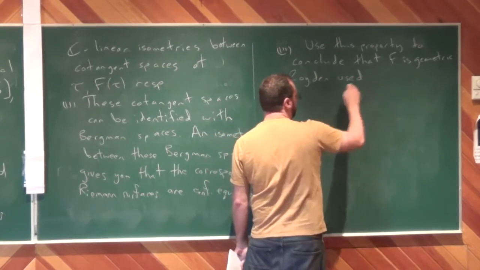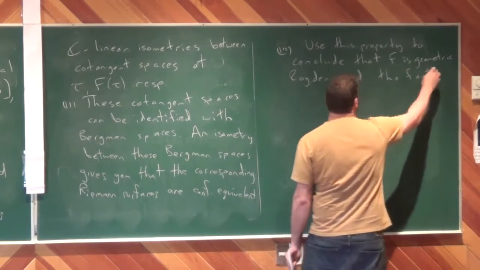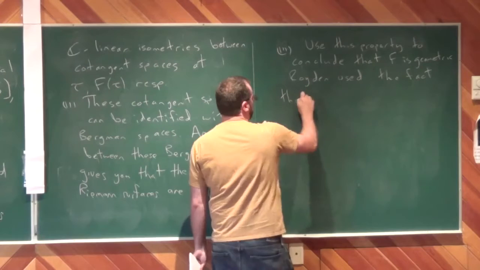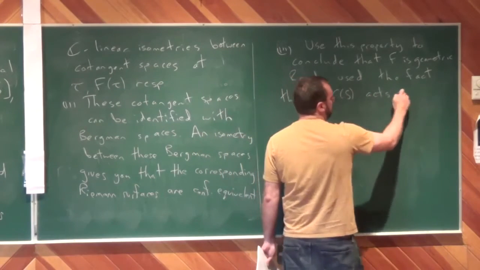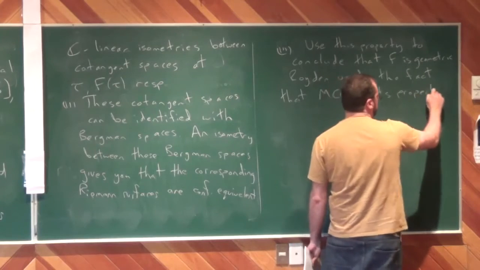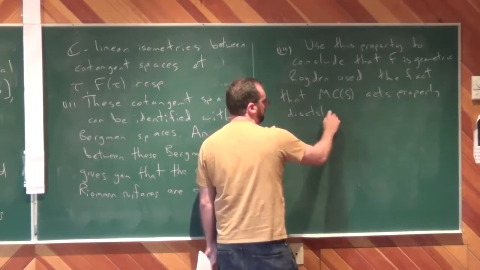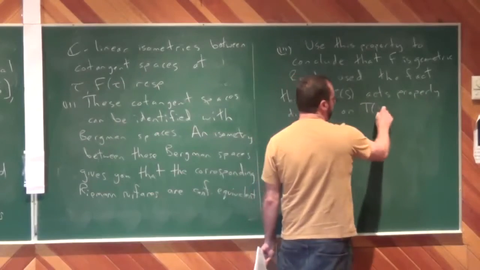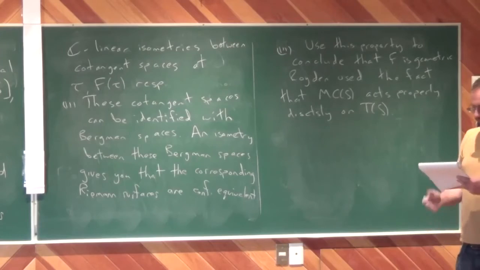And to do this in the finite type case, Royden used the fact that the mapping class group acts properly discontinuously on Teichmüller space in the finite type case.